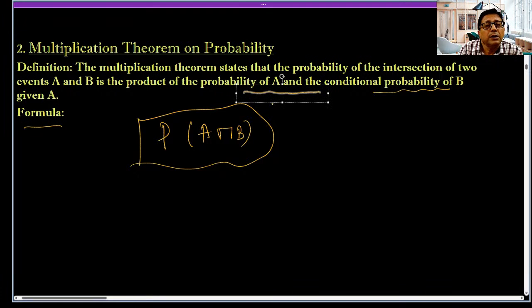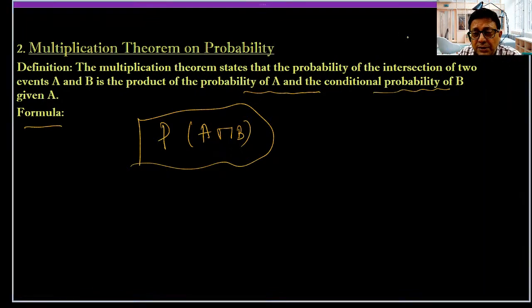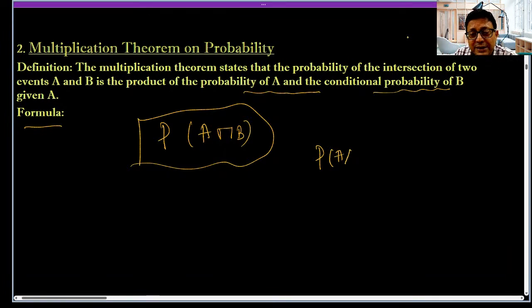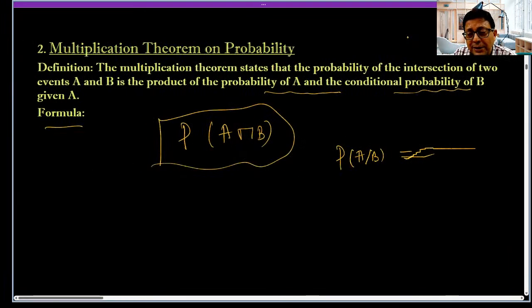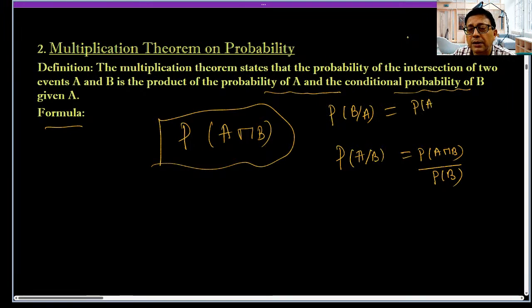Now for P(A∩B) in class 12 syllabus, we have another way to learn. We have P(A|B), the conditional probability of the event A when B has occurred, and the conditional probability of B when A has occurred, P(A∩B) by P(A).